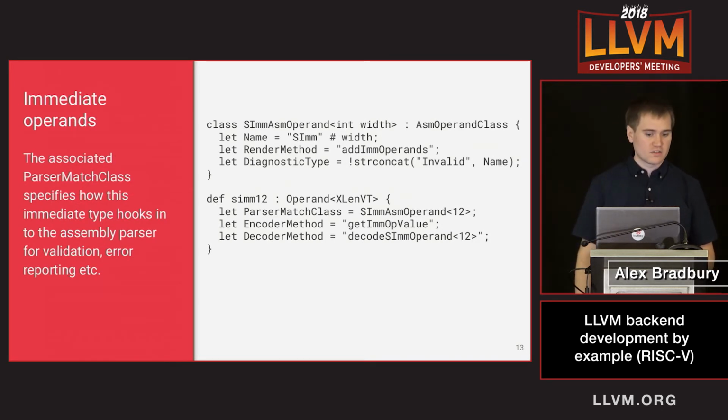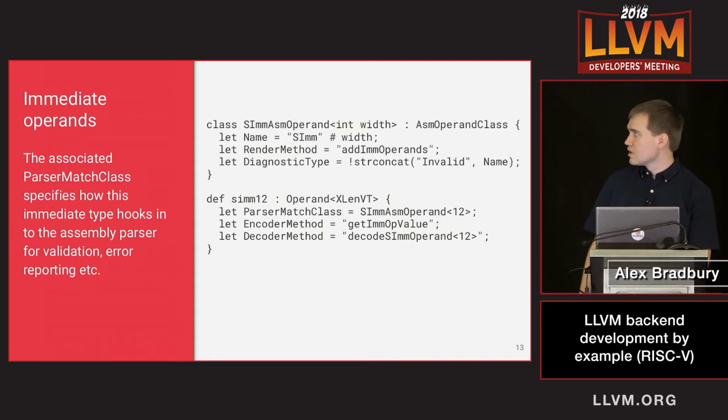Now, immediate operands are somewhat different. Again, you need to describe what exactly it means to be a 12-bit signed immediate. In this case, you specify that we have an operand, and the main bit you need to care about for the parser is this parser match class field.